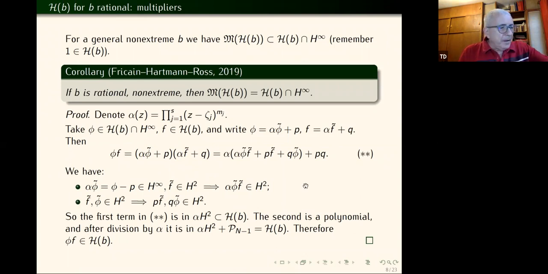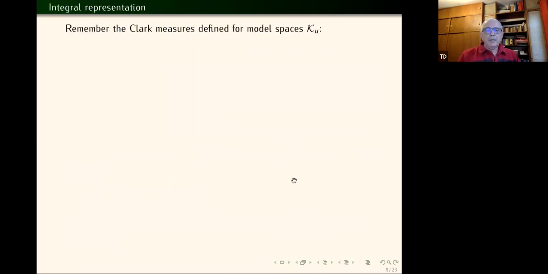but there is even more that I will tell you soon, but maybe not immediately, because now I come back to some more general stuff about these spaces, namely integral representation. So again, we're starting from the model spaces KU. And remember that there were something that were called Clark measures.